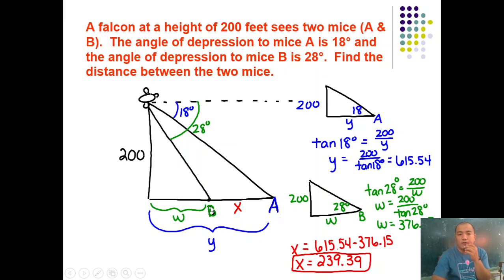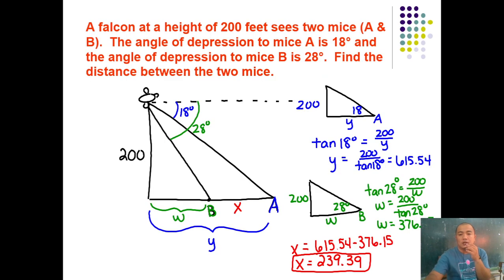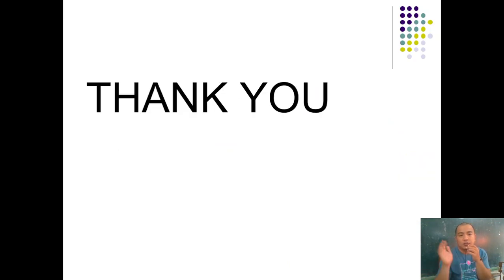Since we're trying to find the distance between the mice, A and B, we just subtract 615.54 by 376.15. That will be the answer. 239.39 is the distance between the 2 mice. Thank you very much. Goodbye.